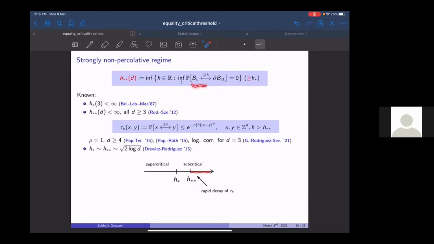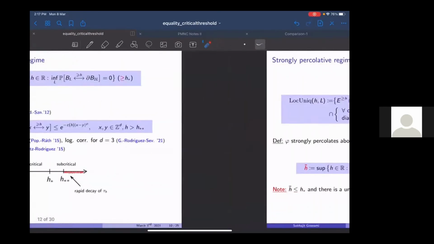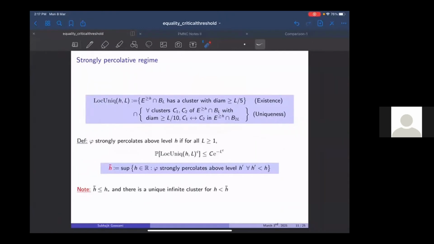So you get a uniformly positive lower bound on the crossing probabilities. That's a very good thing to have. But you don't have something similar from this definition, because it's basically a consequence of the fact that this definition is very strong. It tells you very much when you are below h bar: you have a big cluster, you connect them without going too far. But what does it tell you when you are strictly bigger than h bar, when you don't have these properties, except that you don't have that?